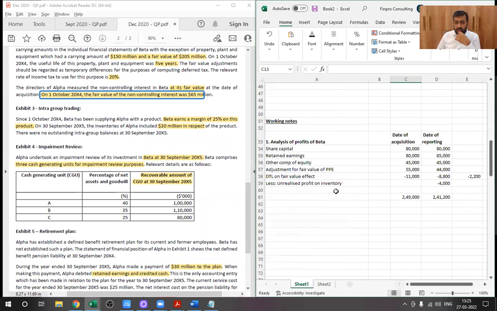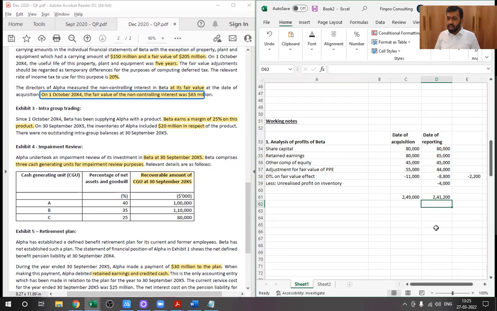Let's do one more thing. On note number 1, this is the date of acquisition information, 249, and as on the date of reporting it is 241,200. So is it a loss or gain after acquisition?